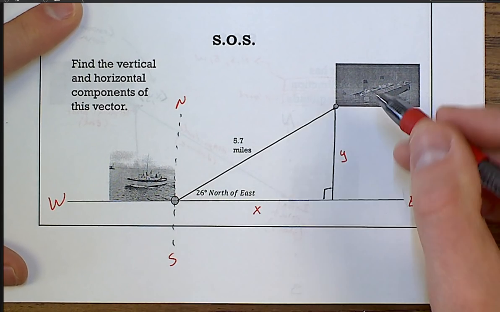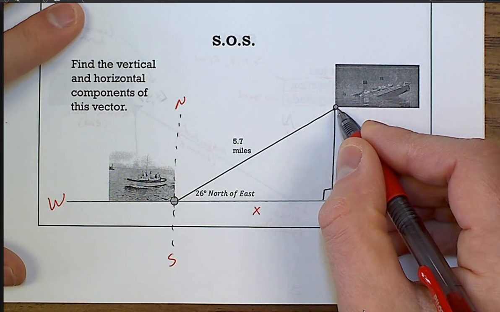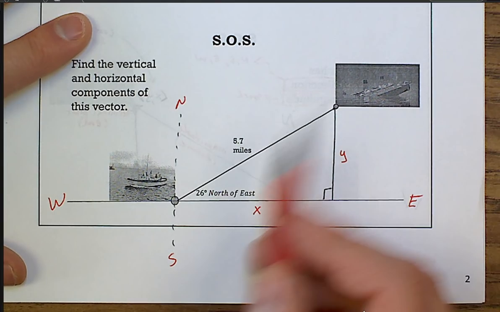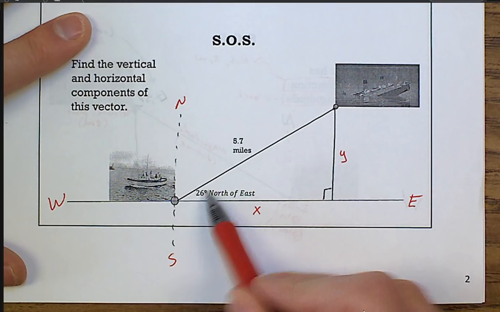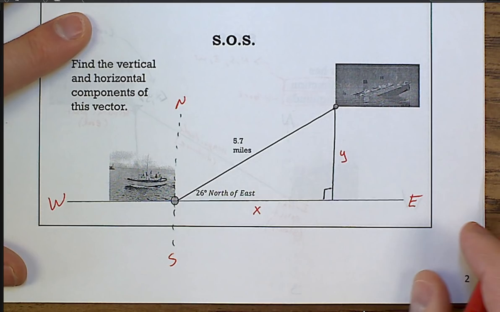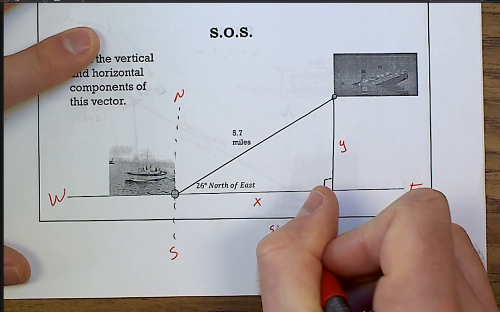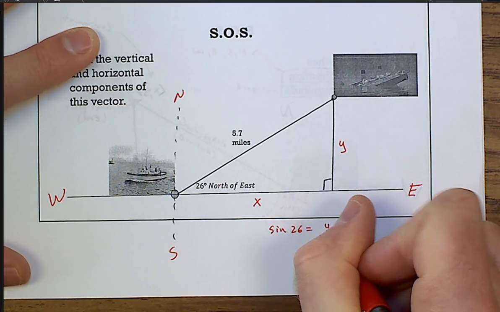What we want to try to do is find the component form of this vector. So we're going to use our right triangle trig that we used before. So if I want to find my y, here's 26 degrees, so I have opposite over hypotenuse. What's opposite over hypotenuse? That's sine. So it's sine of 26 degrees equals opposite y over the hypotenuse, which is 5.7.